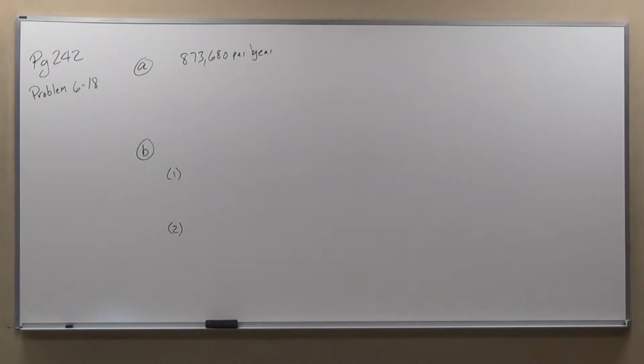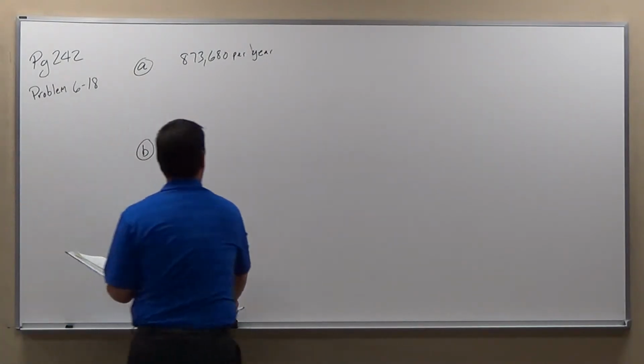Hempstead uses time-driven, activity-based costing for its order entry operations. All right, so let's read what they're going to ask us for here. In part A, what is the rate per hour for each order entry employee for Hempstead's activity-based costing system? So what we're going to figure out is what the rate is per hour.